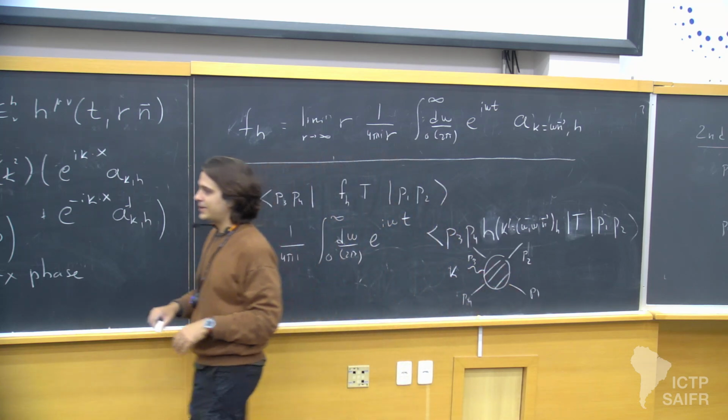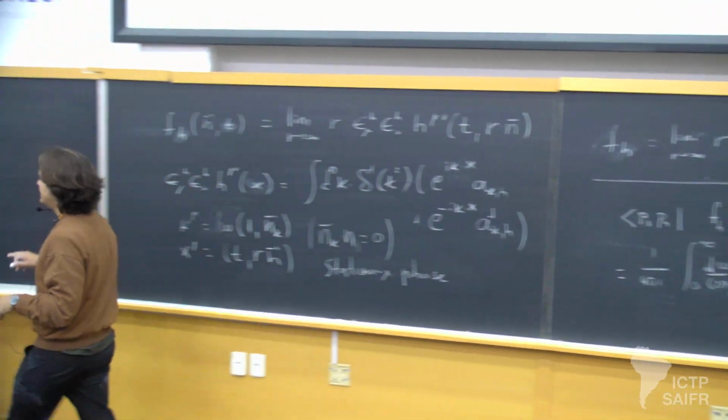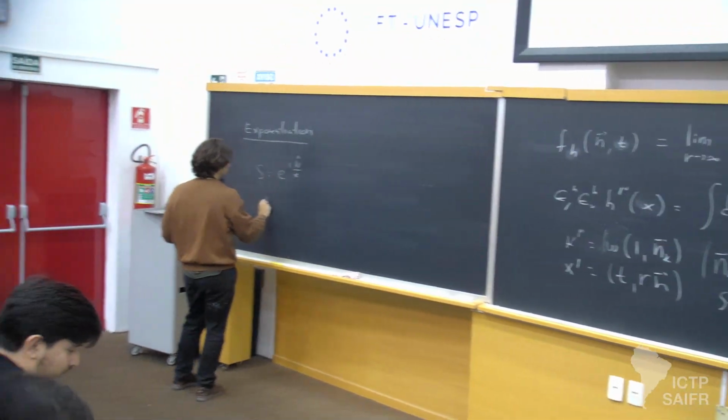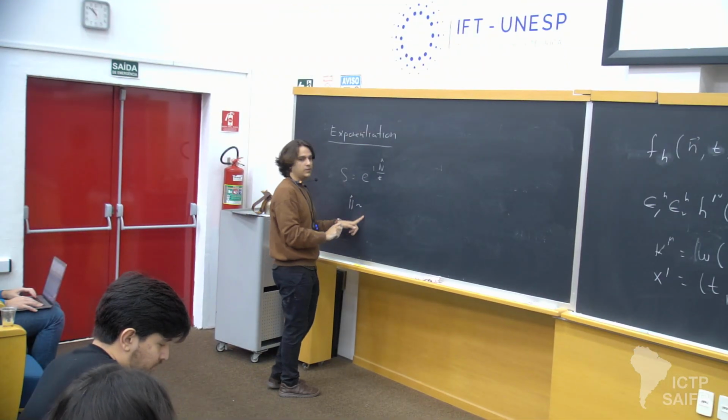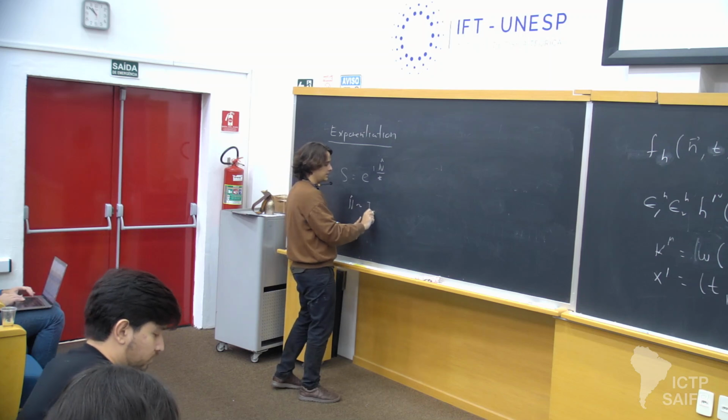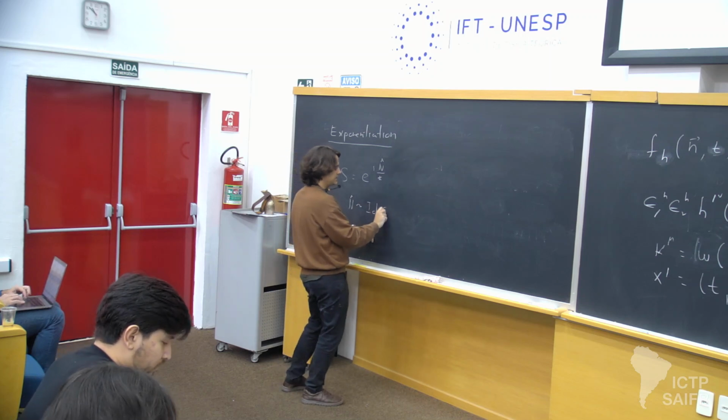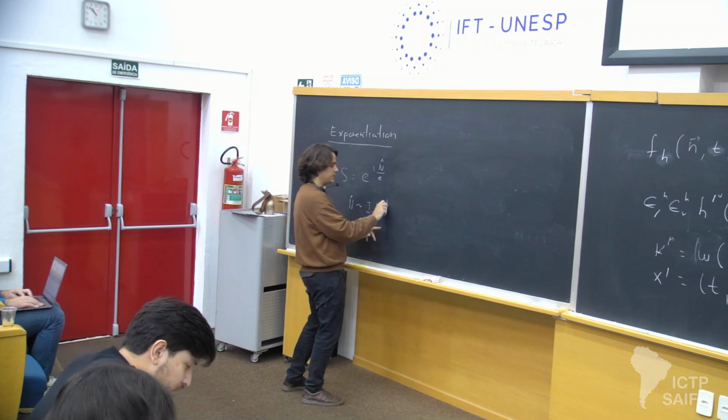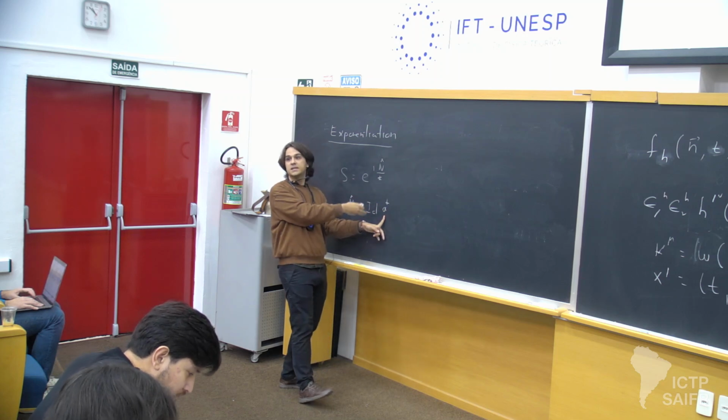For instance, for the 5-point amplitude, this N at leading order will be this classical action times creation annihilation operators for the particles, so that it just gives me this as an expectation value.